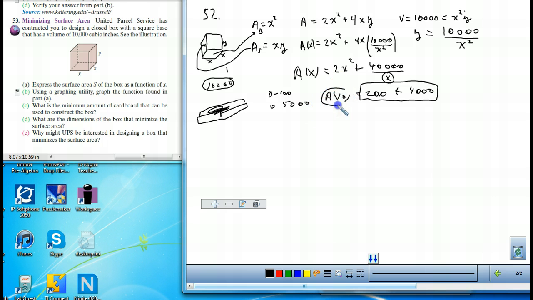That gives you a ballpark. Then when you graph this, there's going to be a distinct bottom somewhere. Use second calc, minimum. That's going to help you find the dimensions the box needs to be made of that will minimize the surface area.